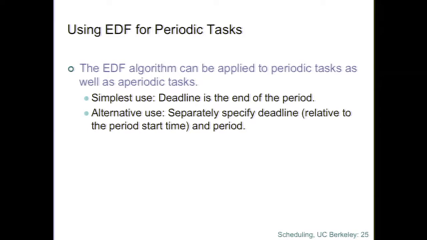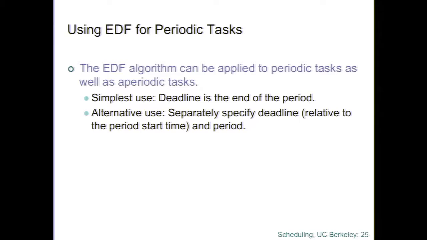So let me lay out the question for you very explicitly. You've got n periodic tasks, and you need to execute every task within one period, okay? And you could either use Liu and Layland, which is you fix the priority assignment based on the periods, or you could use EDF, which says, well, actually, the priorities could change because the priority of a task is just going to depend on how close I am to the end of the period.